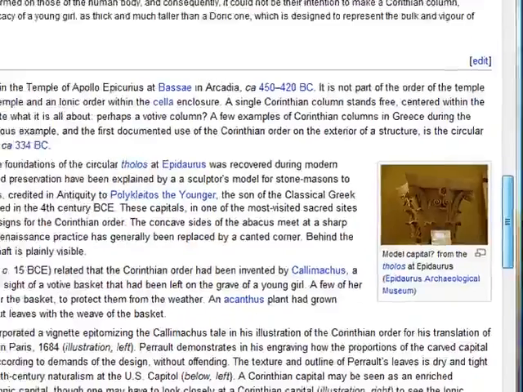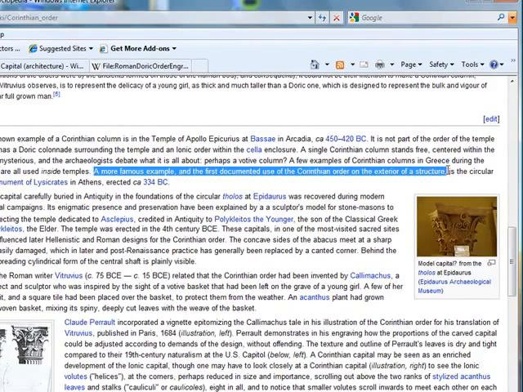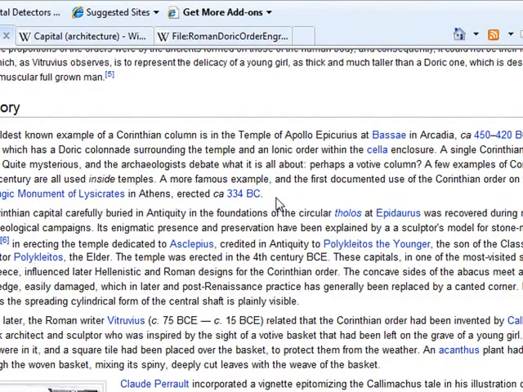Now in the history, it says a more famous example and the first documented use of the Corinthian order on an exterior of a structure is the circular choragic monument of Lysicrates in Athens, erected around 334 BC. The Edomites were expelled from Petra in the 6th century BC.